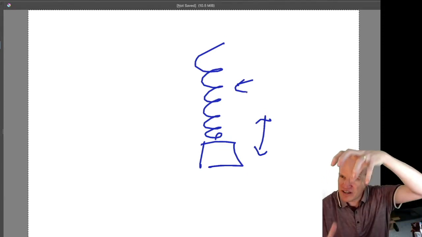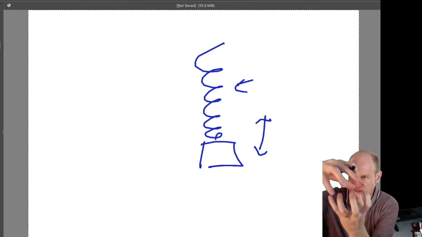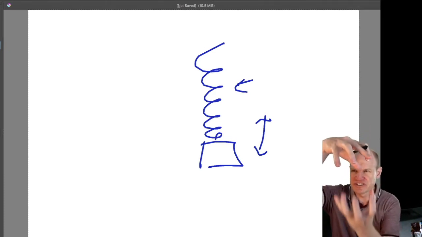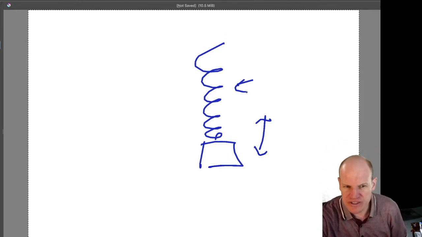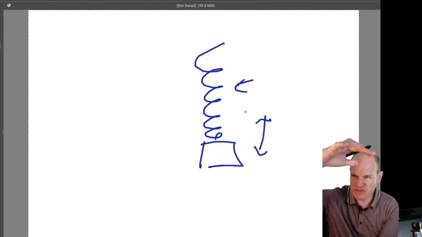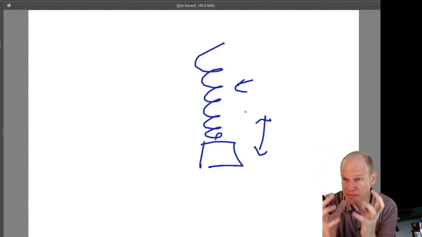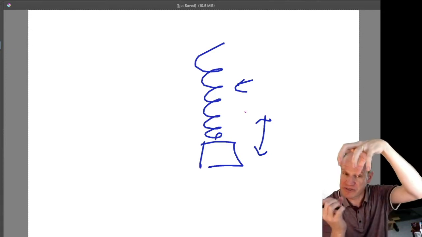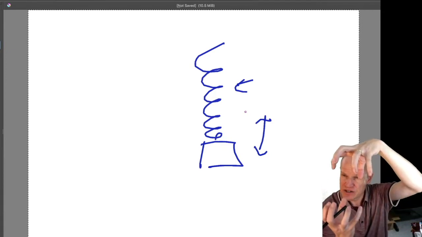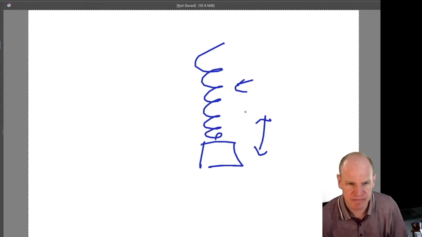If you want the thing to oscillate very slowly, then you want to have a spring that is not very stiff at all. So it's really easy to stretch and really easy to compress. So a spring that is very weak, has a weak coupling, is going to produce very long scale oscillations, and as a consequence it will be very sensitive to any changes in the mass that you put there, because it's easy to stretch, which means that a small change in the mass will cause a large change in the stretch, how much the spring is stretched.